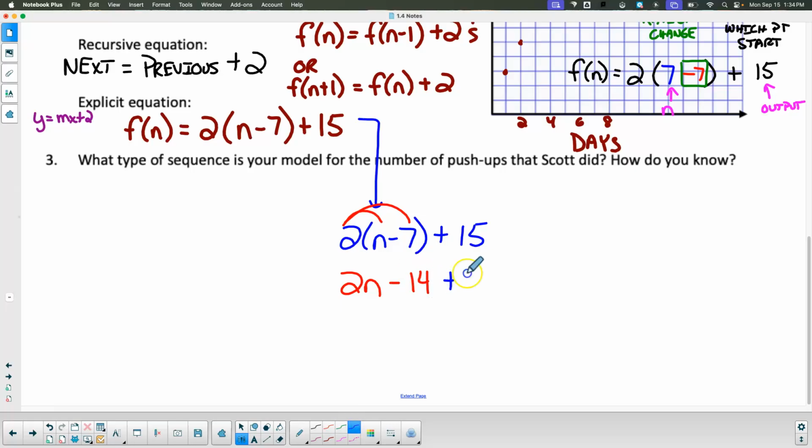Then still plus 15. Negative 14 plus 15 is positive 1. So if we had tried all 8 different points, they would all simplify down to f of n equals 2n plus 1.